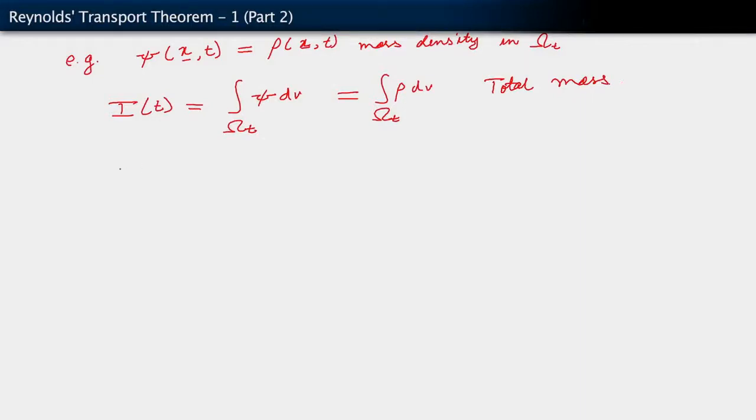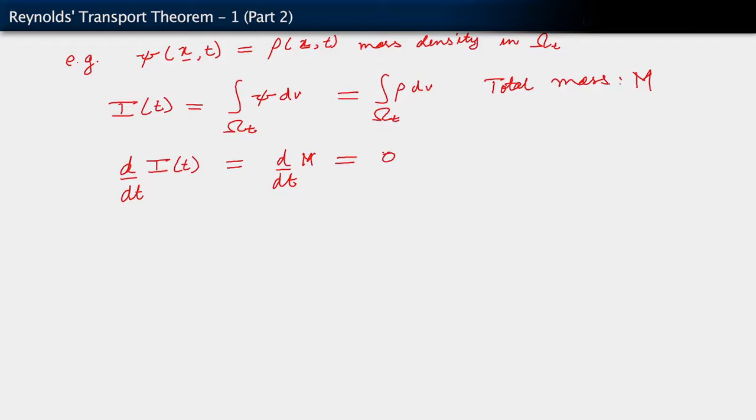So d dt of I equals the total mass, let's call it capital M. So d dt of I is just d dt of M, and because it's fixed, that has to be 0.